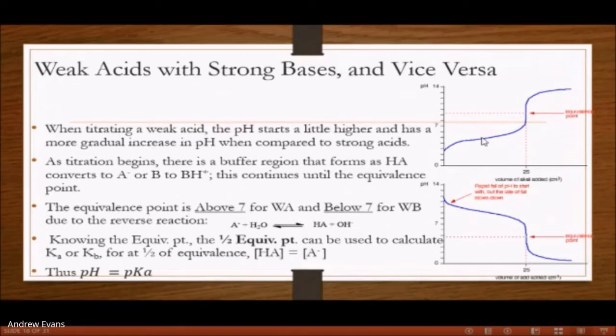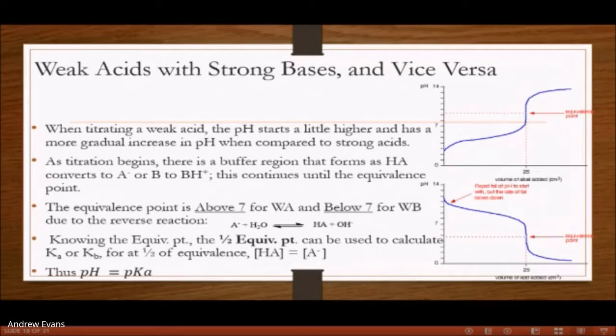Within plus or minus 1 pH unit of the pKa, it's essentially preventing a large increase from occurring. You'll notice another thing. The equivalence point, which is the inflection point, occurs not at pH 7, but actually above pH 7. Because when all the acid is neutralized and base is formed, we have a lot of conjugate base.